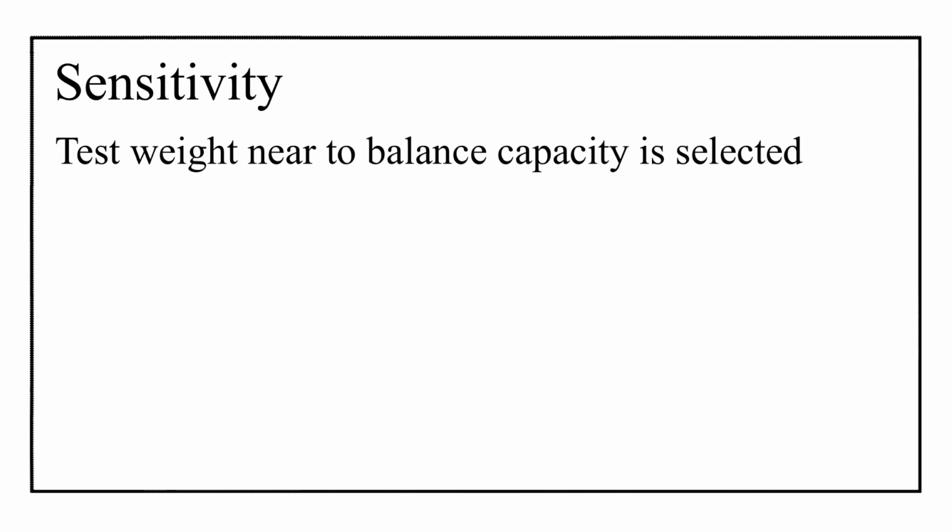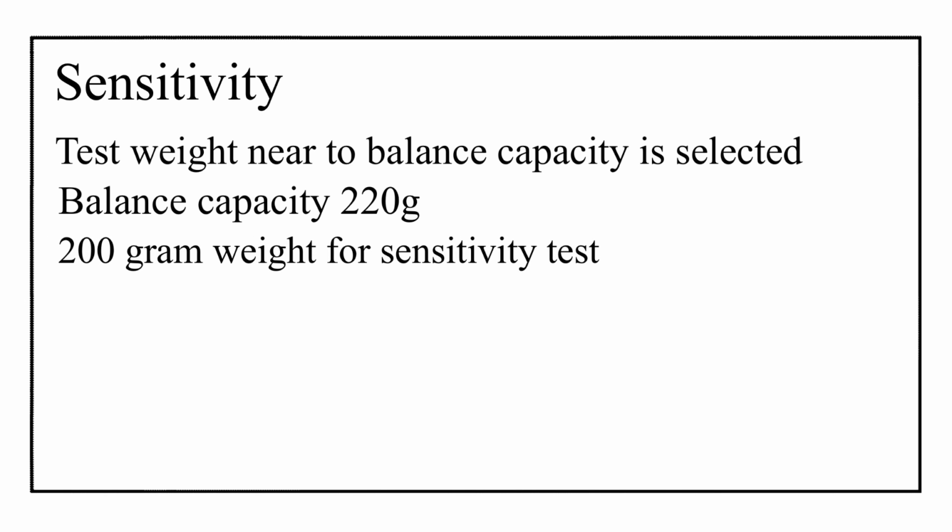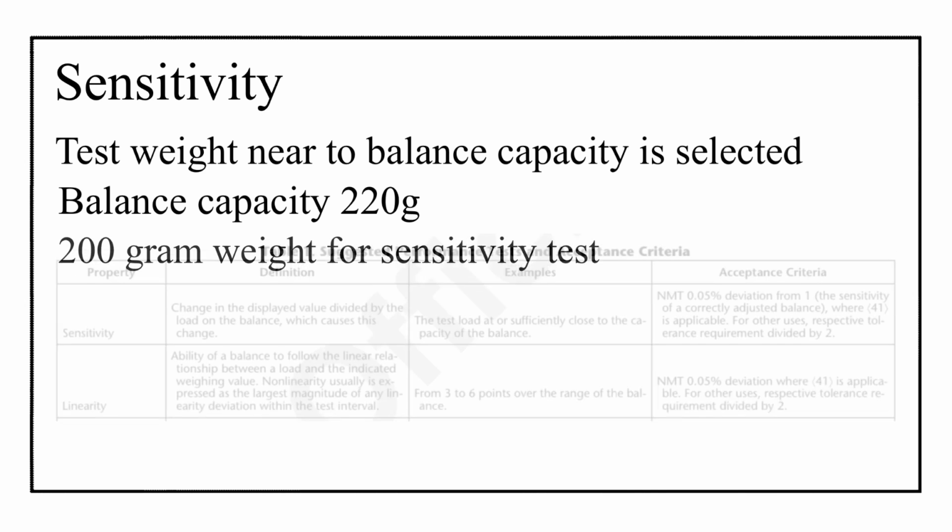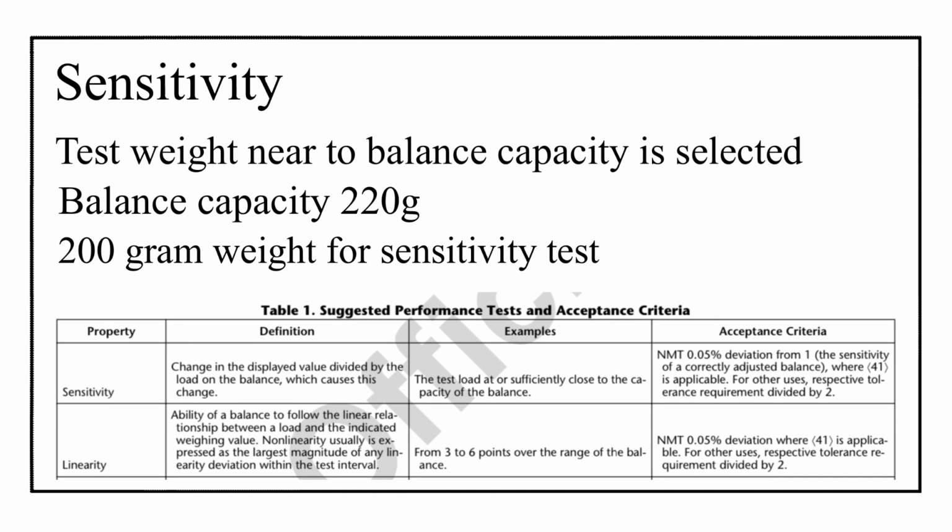Sensitivity test. In this test, a test weight is selected which is near to the balance capacity. For example, if I have a balance with a maximum weighing capacity of 220 gram, then I will consider a 200 gram weight for the sensitivity test. Here you can see the reference of the sensitivity test given in USP Journal Chapter number 1251.